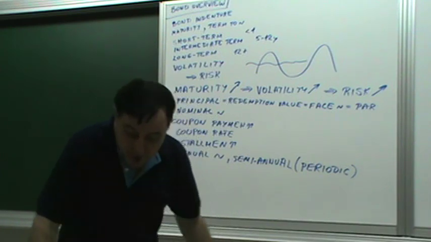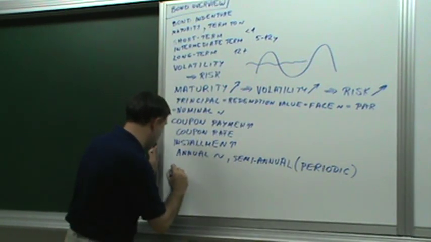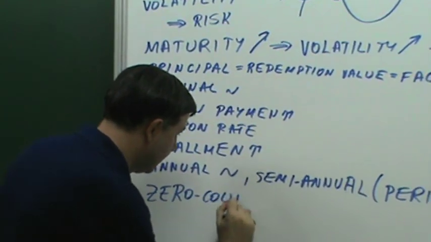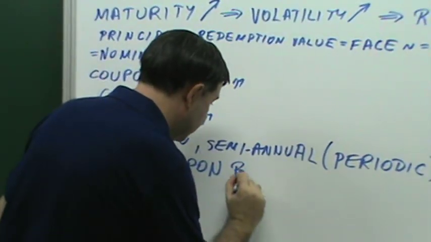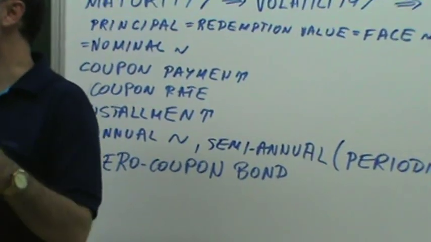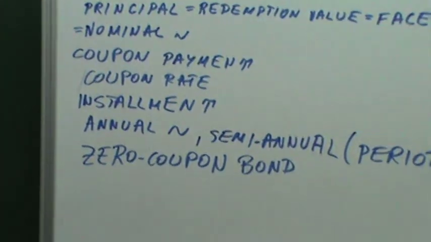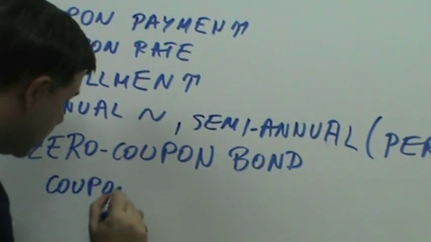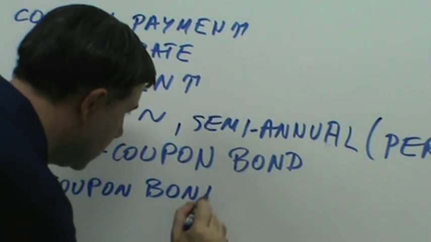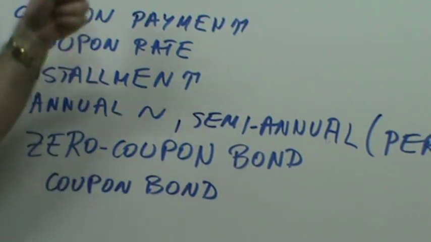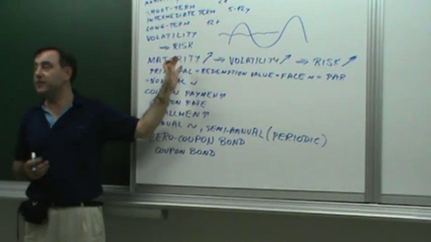Coupon is so, okay, you may have a zero coupon bond. So the broad division is between what we call coupon bond and zero coupon bond. Coupon bond is a bond which pays a coupon, everything that I've been explaining so far.